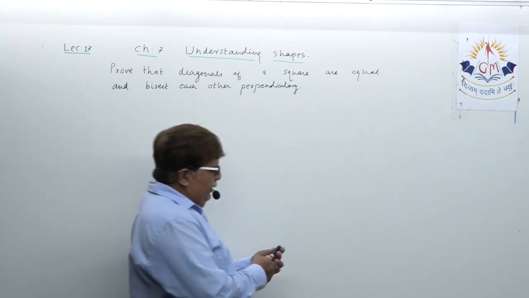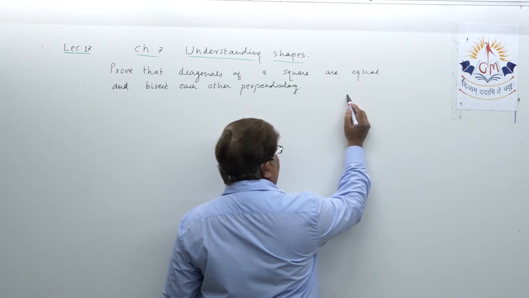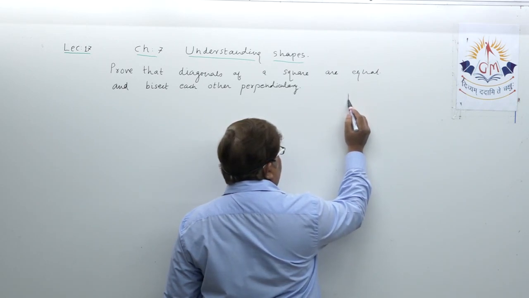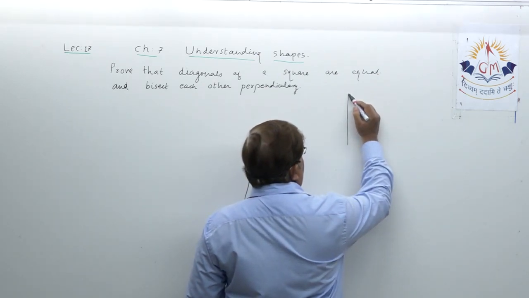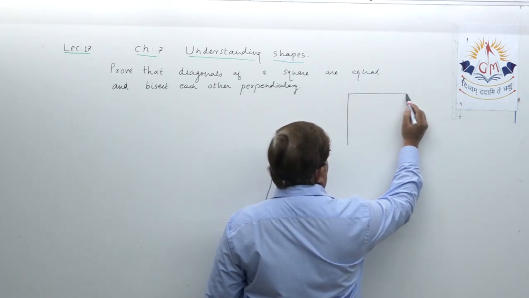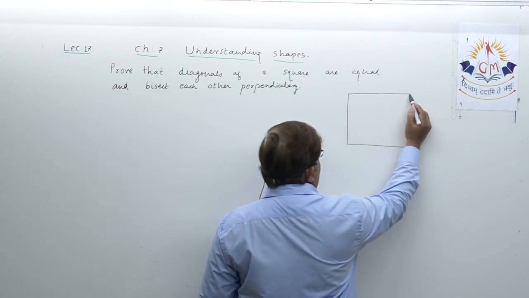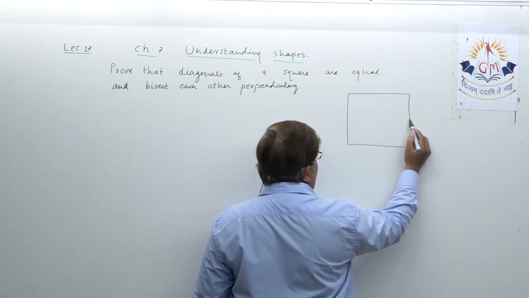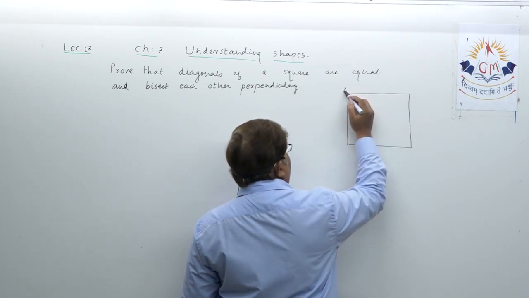Okay, let us first draw square. Okay, this is square ABCD. Okay, square ABCD.